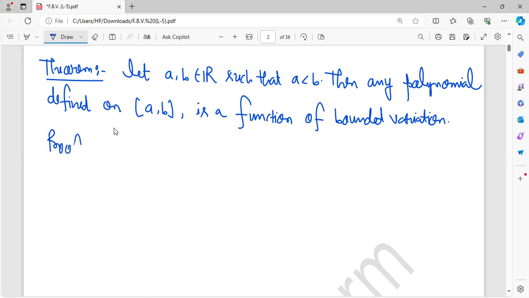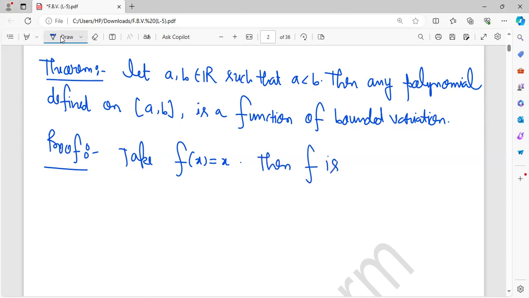So its proof is simple. If I take f(x) equal to x, then f is a monotonically increasing function.